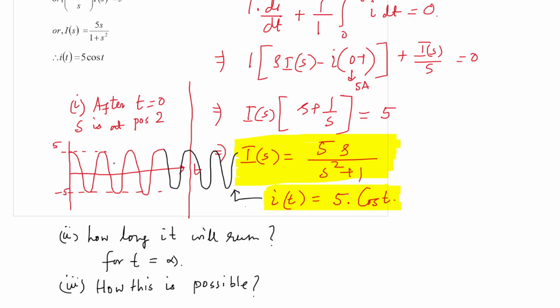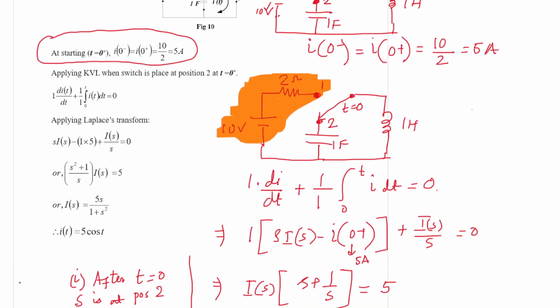So it is maintaining this profile for t is equal to infinite amount of time, but doubt comes when you see there is no energy source present. So how is it possible?